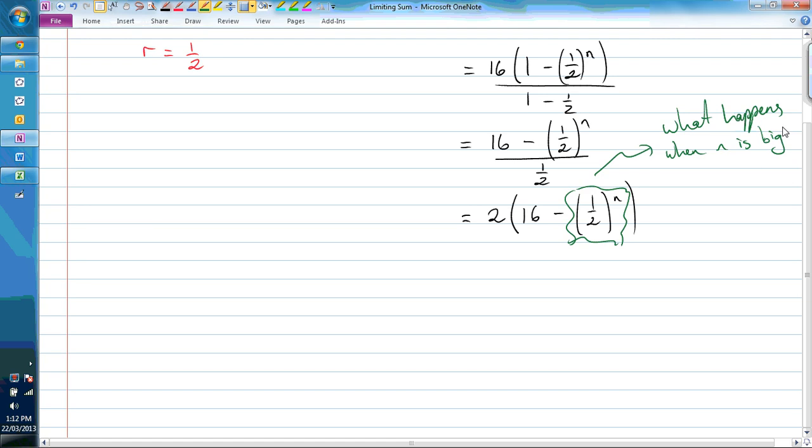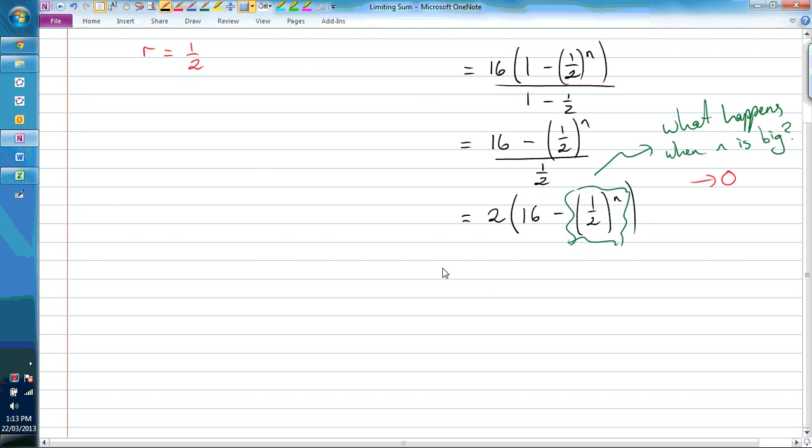When it gets really big, this half to the power of n, half multiplied by itself a bunch of times, is going to keep getting smaller and smaller and smaller. When this gets really big, we say that the value of half to the n approaches 0. It becomes very, very small. So small, in fact, that it's basically insignificant.